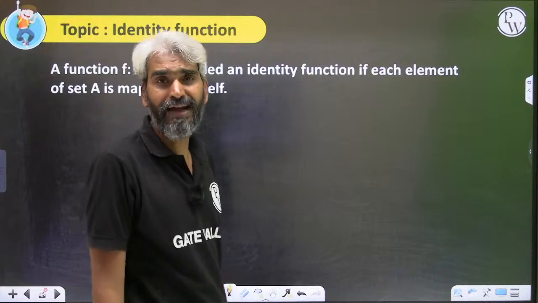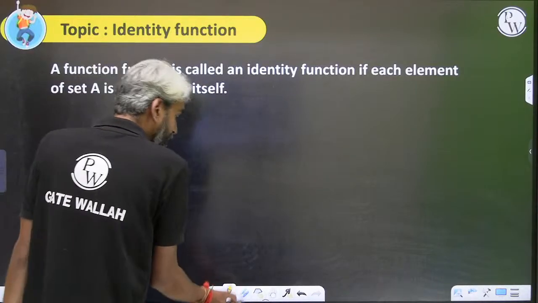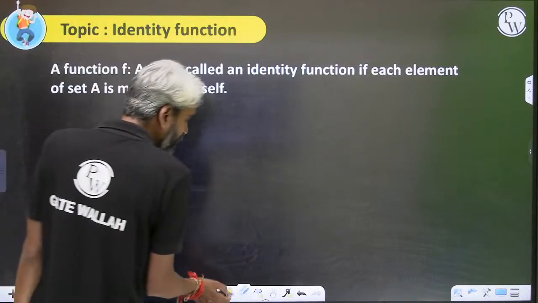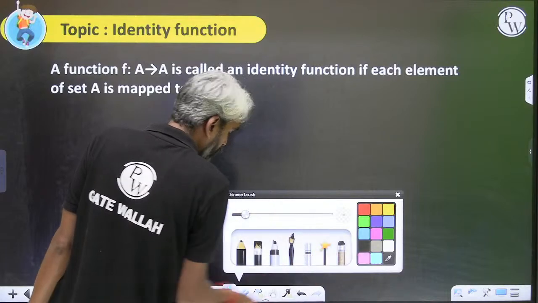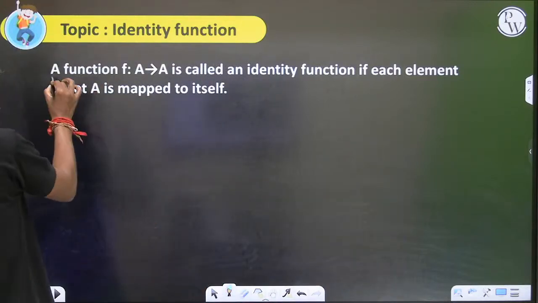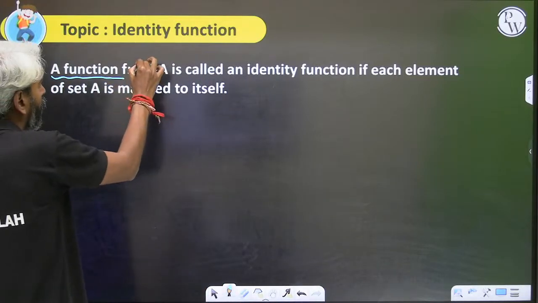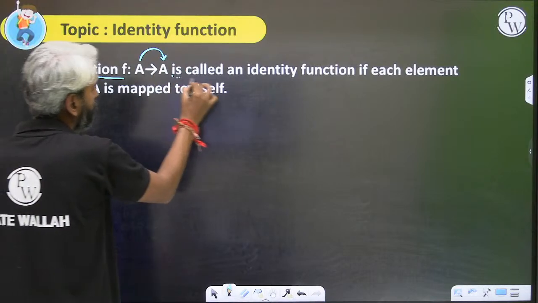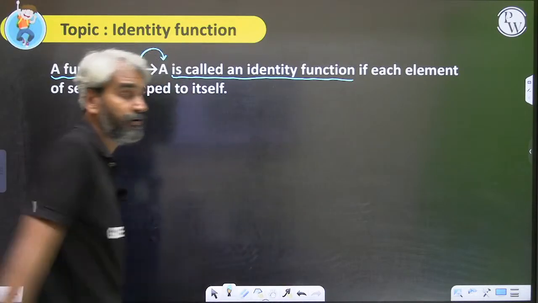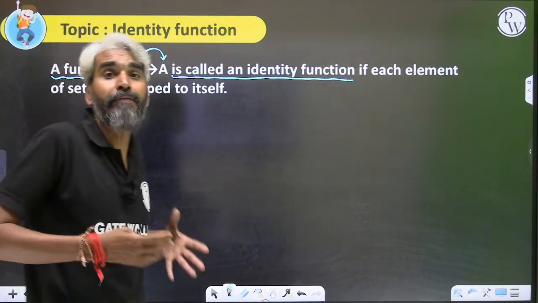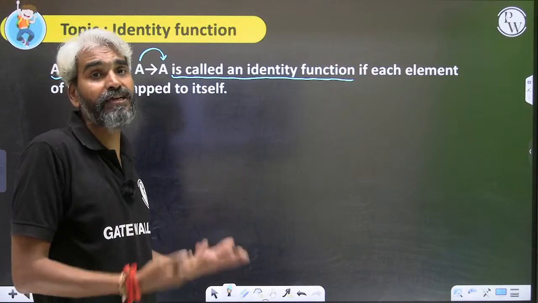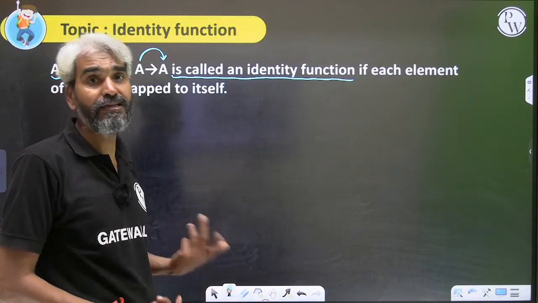What do you mean by identity function? Sir, an identity function is defined on the same set, that is from set A to set A. A function f from set A to set A is called an identity function if each element of the domain maps with itself.